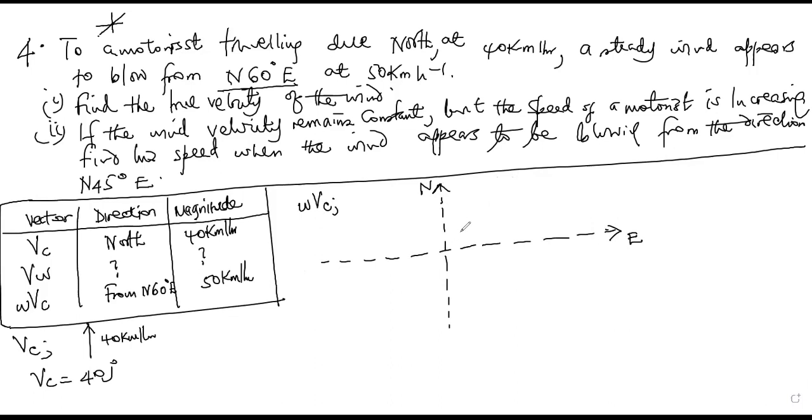So if it appears to blow from northeast, then it means that it is going this side of southwest. So that is how I would expect. It is leaving northeast. It is appearing to blow from northeast. So it is going to this side. So this is 50.